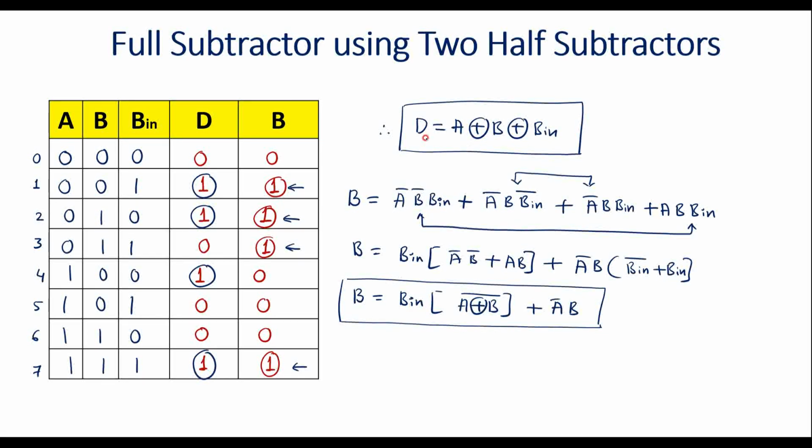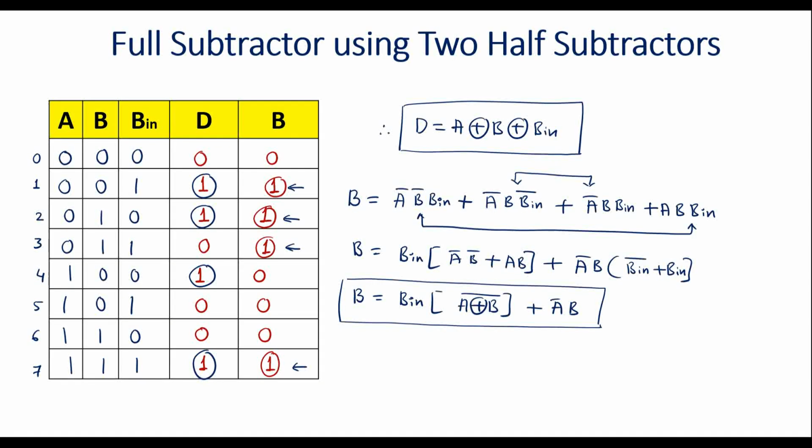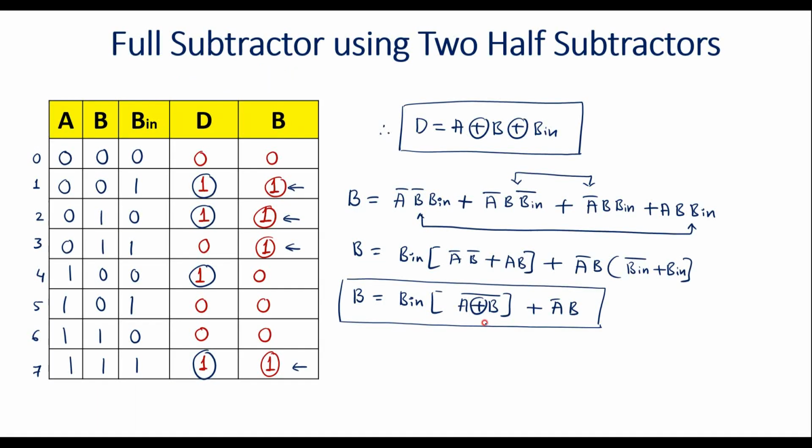So now let me implement the difference first. For difference we have A XOR B XOR B in. So let me use one XOR gate. The inputs for this are, say, A and B. The output of this is A XOR B. Then we have XOR with B in.